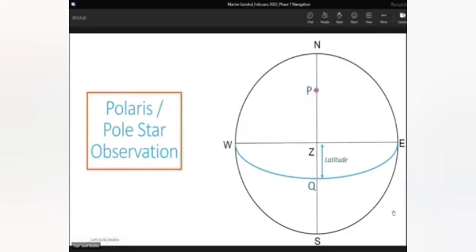Now with the pole visible in our diagram, let's concentrate our attention on arc NP. N represents the north point of the observer's horizon. N point is on the rational horizon, and P point represents the north celestial pole.